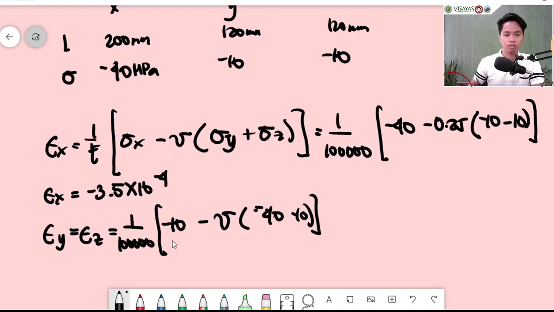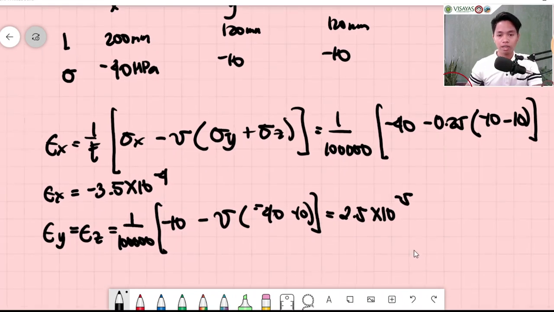So that would be negative 50, so positive 2.5 times 10 to the negative 5. So meaning ang ato ang length is mimubo or mi contract. Ang ato ang diameter is ni dako or milapad.